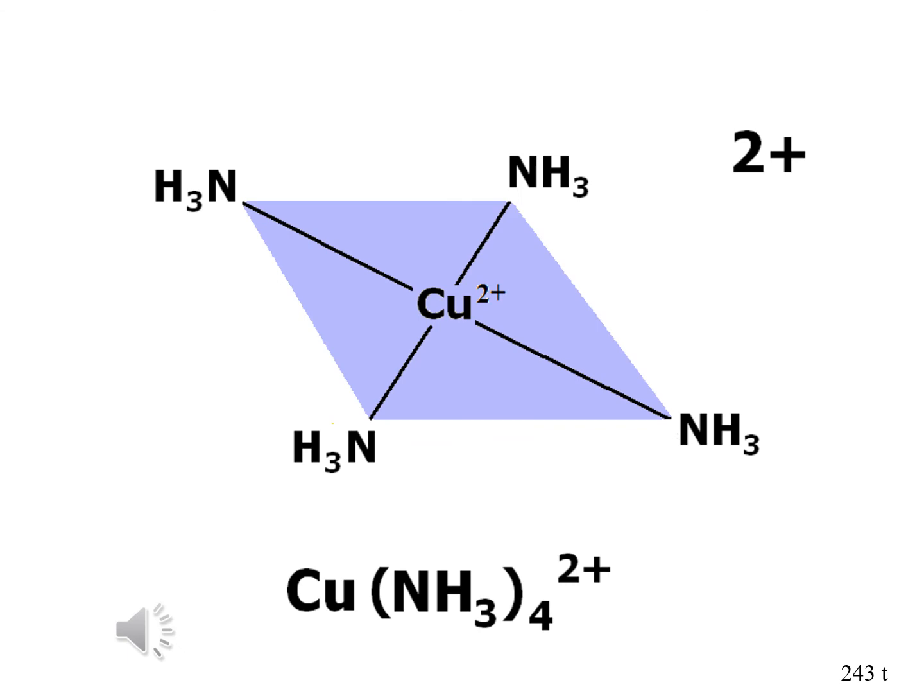So the copper has 4 bonds attached, and it also has 4 separate ligands. Each one of the ammonias is a separate ligand. So the coordination number is 4, because there's 4 bonds to the copper. And there are also 4 ligands, because each one of the ammonias is a separate monodentate ligand.